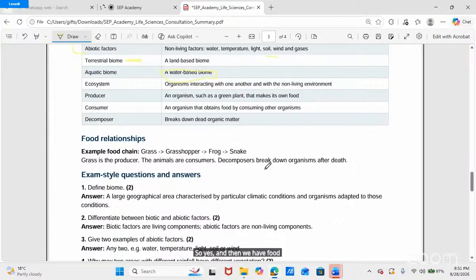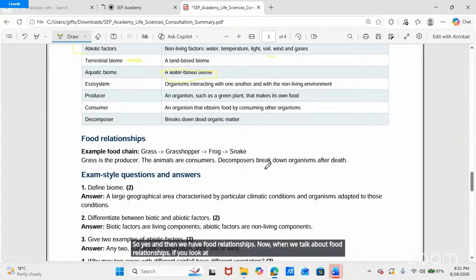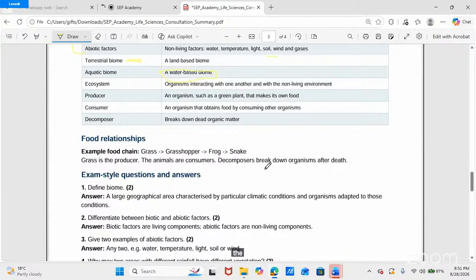So now, when we talk about food relationships, we have a relationship with the environment, like I said, the ecosystem. So we plant a tree, let's say a mango tree. I normally use the mango tree as an example.